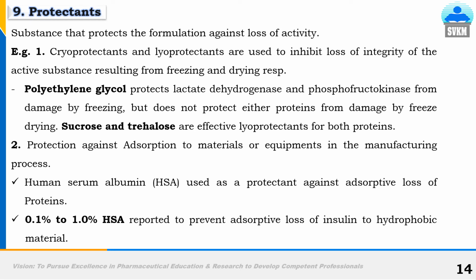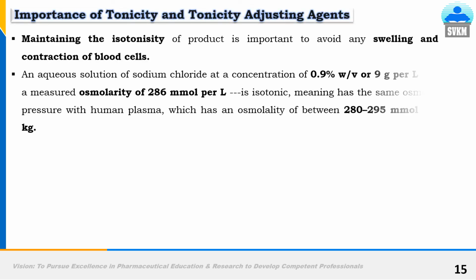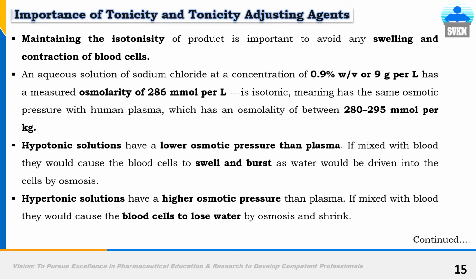Human serum albumin is an example which can be utilized as a protectant against the adsorptive loss of proteins. More specifically, we can utilize 0.1 to 1% human serum albumin to prevent the adsorptive loss of insulin to hydrophobic material. Now we will see the importance of tonicity and the use of tonicity adjusting agents.